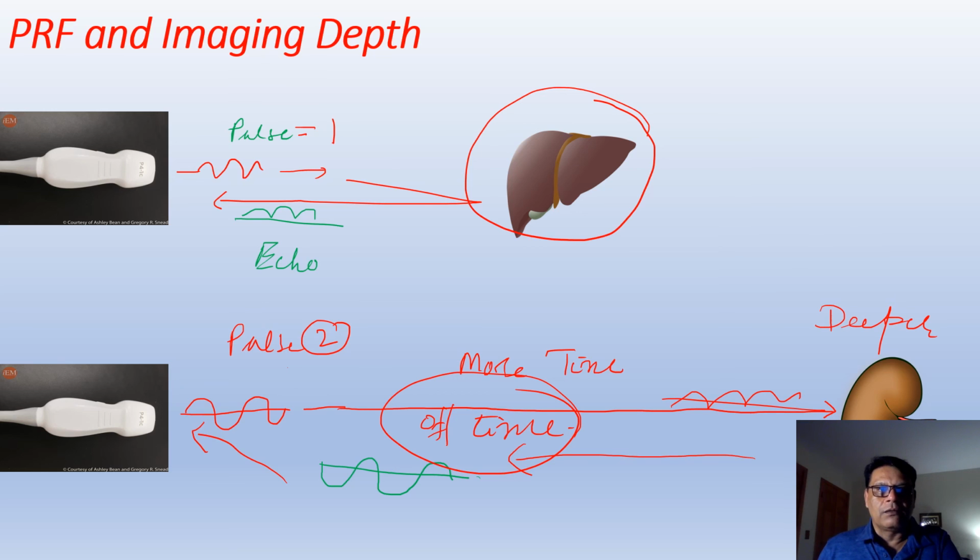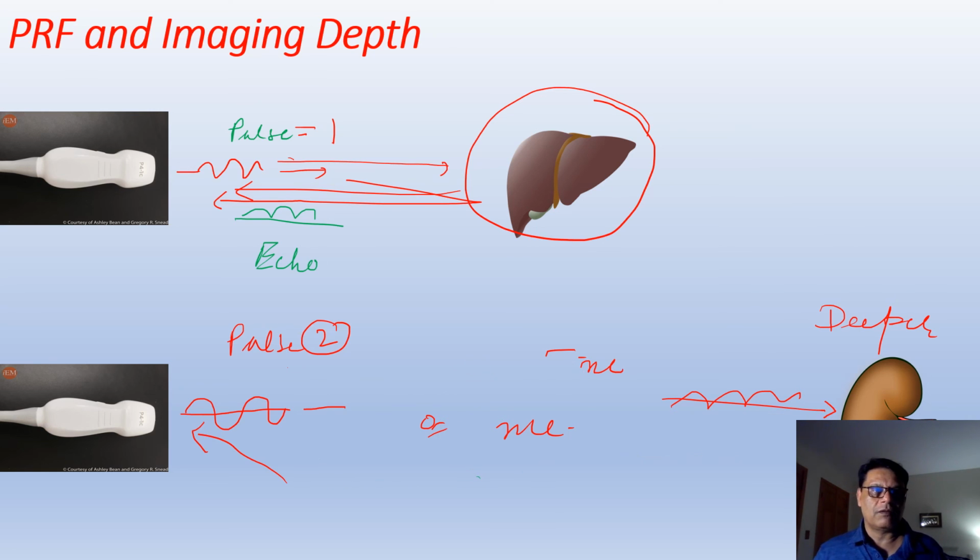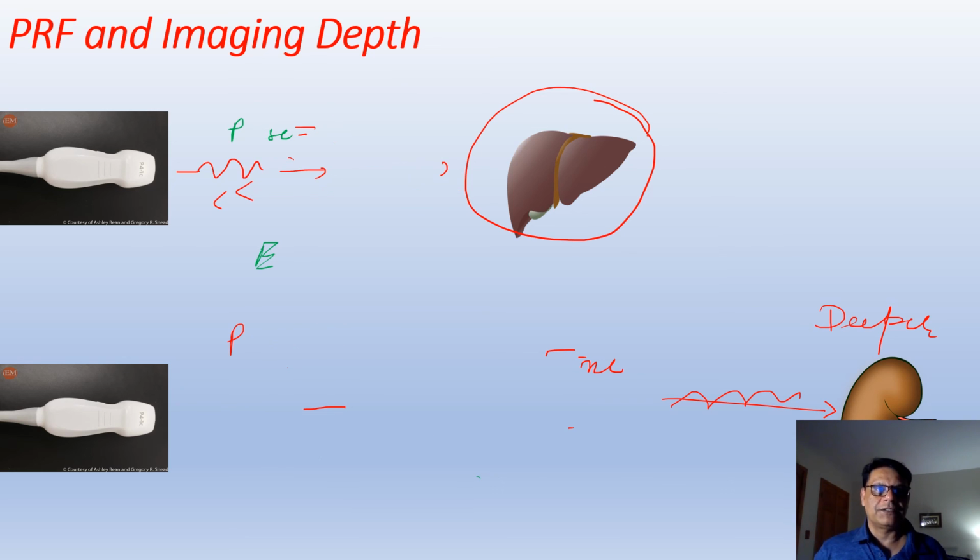When the structure is less deep, the pulse goes quickly and comes back quickly, and it again produces the second pulse. But here it takes a long time to return, and after a long time a second pulse is produced. So the pulse repetition frequency will be low in this case.